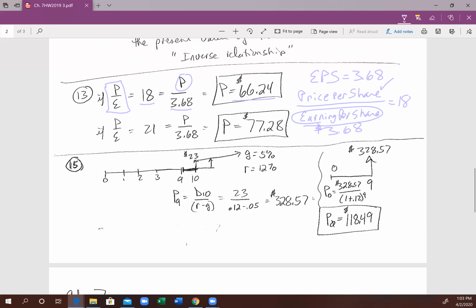And so if you go back, this PE multiple is a function of growth and interest rates. A higher PE multiple means higher growth, and a higher PE multiple also implies lower interest rates. That's not really for this class, but that's what we'd study if you take the investments class.